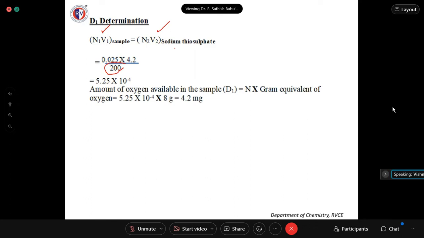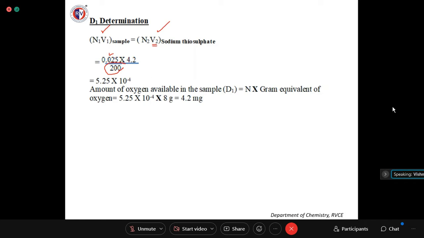It need not be one normal. It may be one normal, 0.025 normal, or any normal. But here 0.025 because I have told it is 0.025 normal. That means how much volume is consumed? I told that 4.2 ml is consumed for day 1.